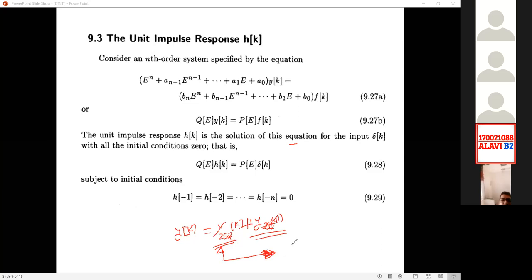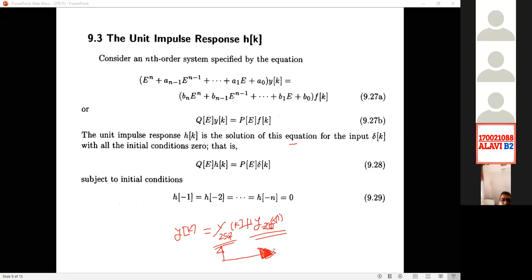But we have another technique. Can you tell me what is that technique to find ZSR if the impulse response is known to us? In continuous time it is integration. In your discrete time system, it is summation. What is the name of that summation?